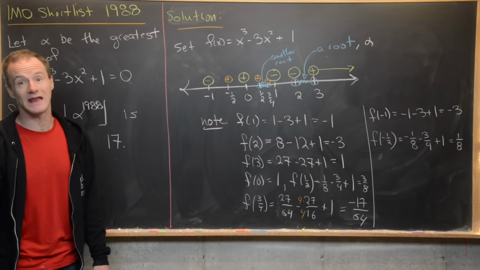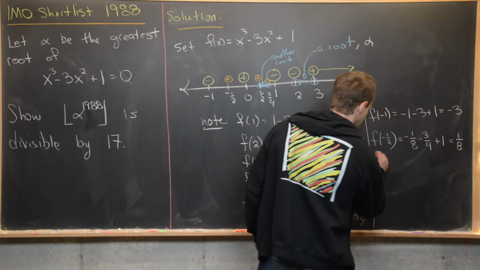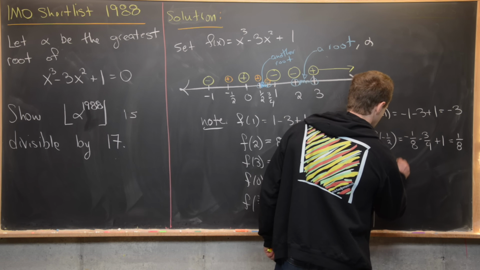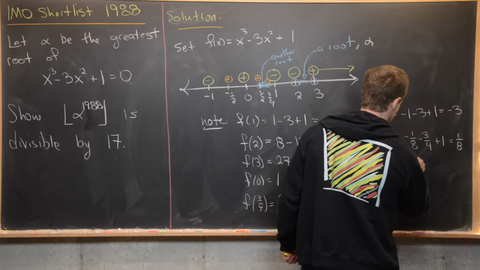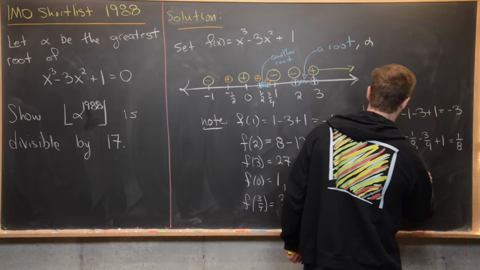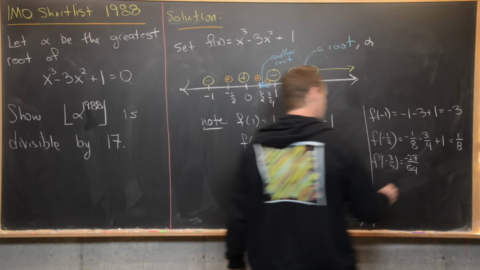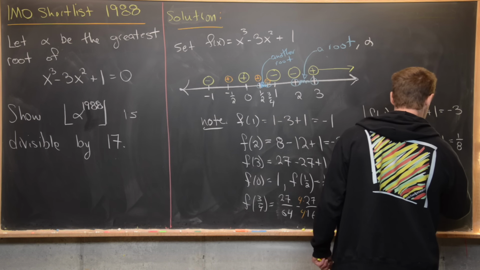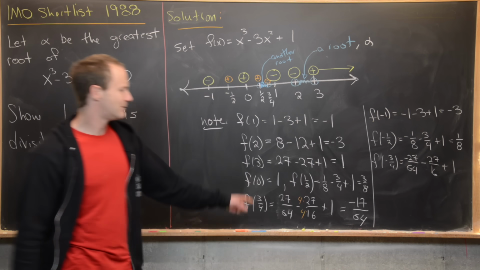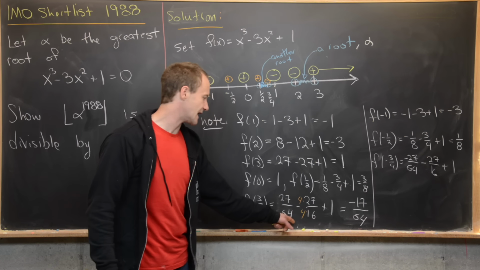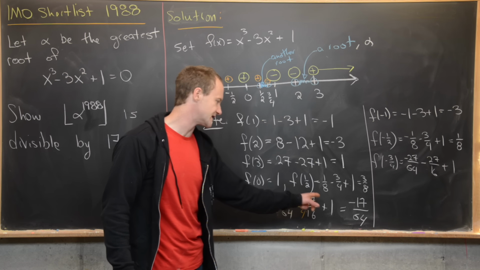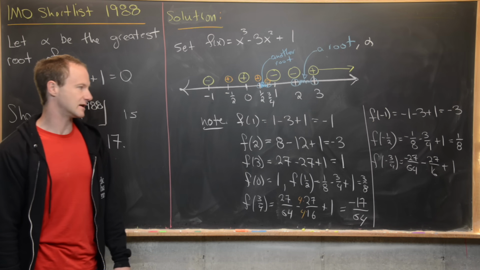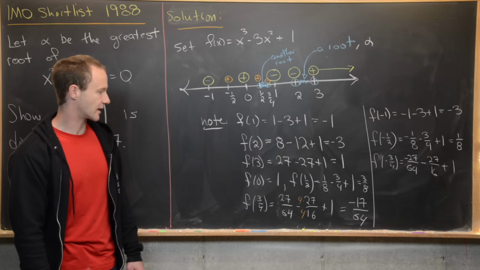Let's go -3/4. So if we do f of -3/4, that's going to give us minus 27 over 64, and then minus 27 over 16 plus 1. But notice that's clearly going to be negative because that essentially looks like this object right here, but we've got another negative term there.